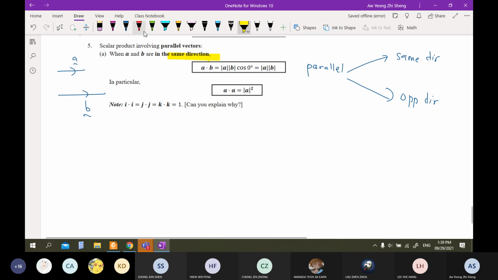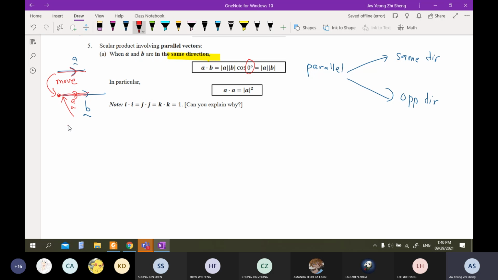So you will end up getting 0° as the angle between the two vectors. If my A and B are drawn like this, in my current diagram, A and B are not diverging. But I can always move my A such that it shares the same starting point as my vector B. Then you will see that part of A overlaps with my B. And so when the two lines overlap, what is the angle between them?